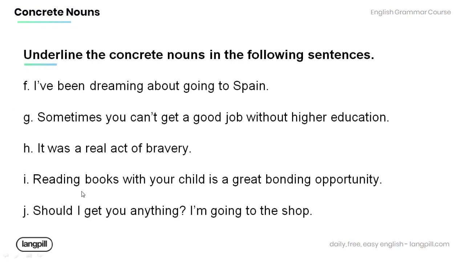I. Reading books with your child is a great bonding opportunity. J. Should I get you anything? I'm going to the shop.